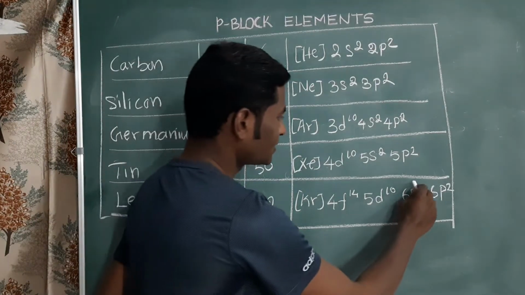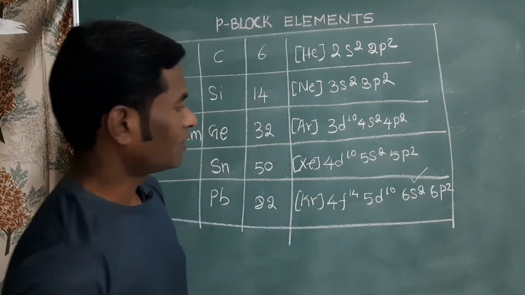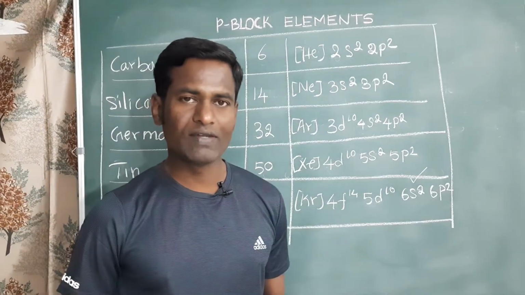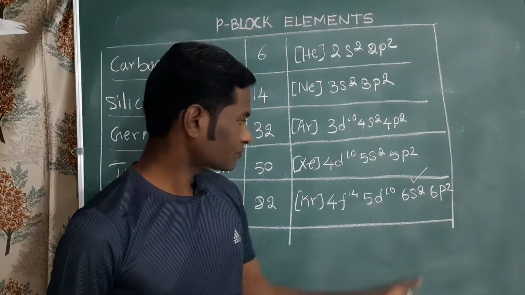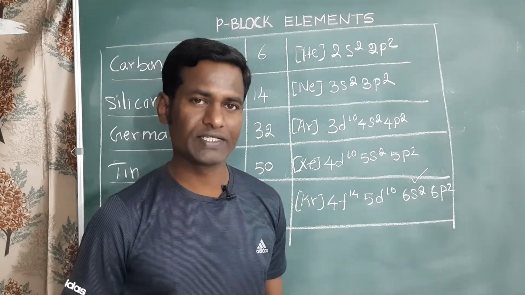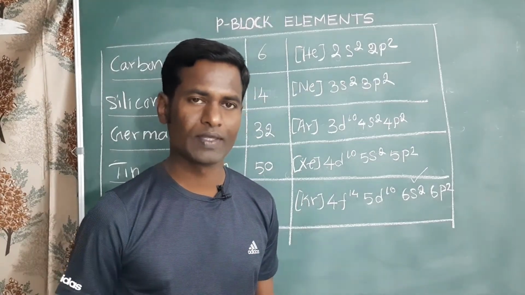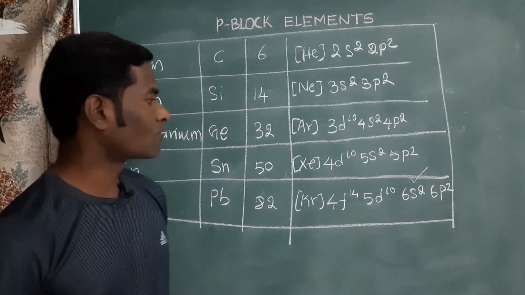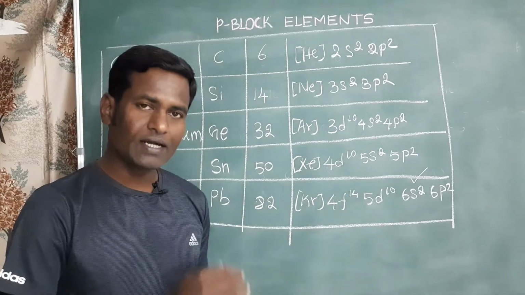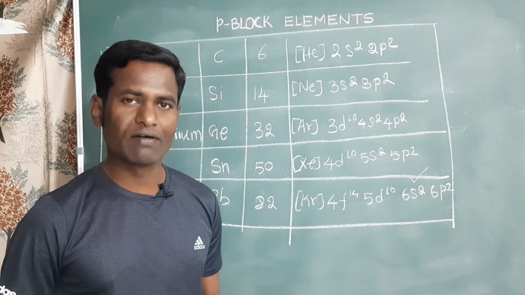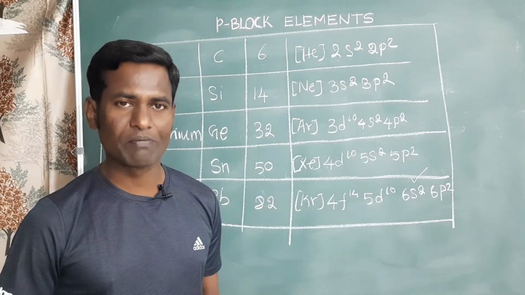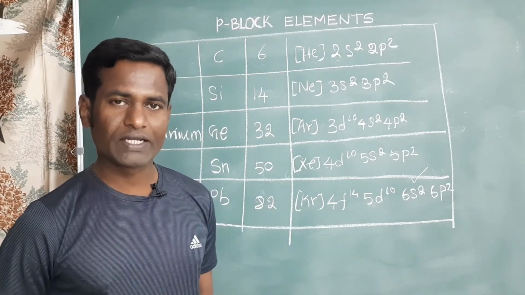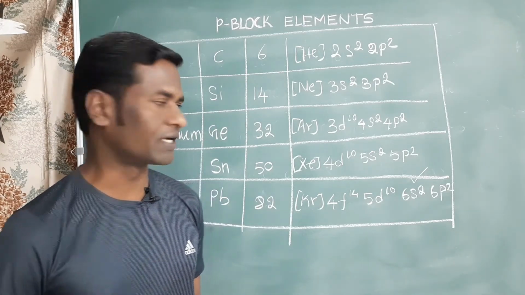So this 6s electron does not get involved in the formation of bond. So the most stable oxidation state of lead is +2, but carbon will form +4 oxidation state. Moving down the group, less availability of ns electrons for formation of bond. This effect is called inner pair effect.